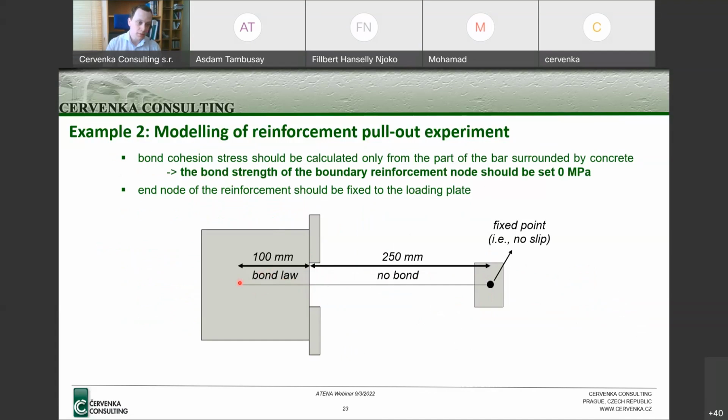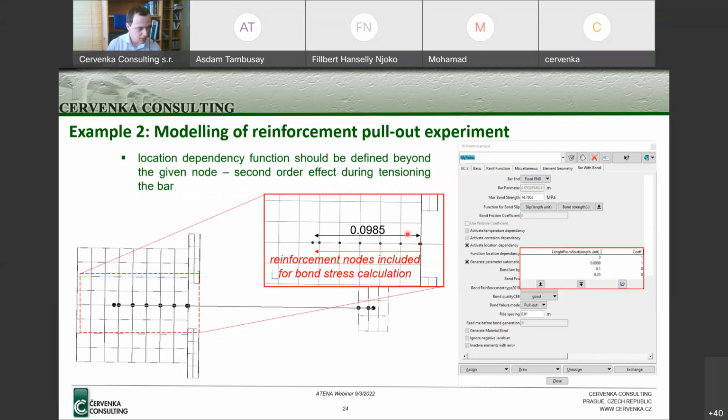On this part, I want to apply the bond slip law, and this part of the reinforcement should carry no stress. Before I get there, let's look at how the mesh will look.